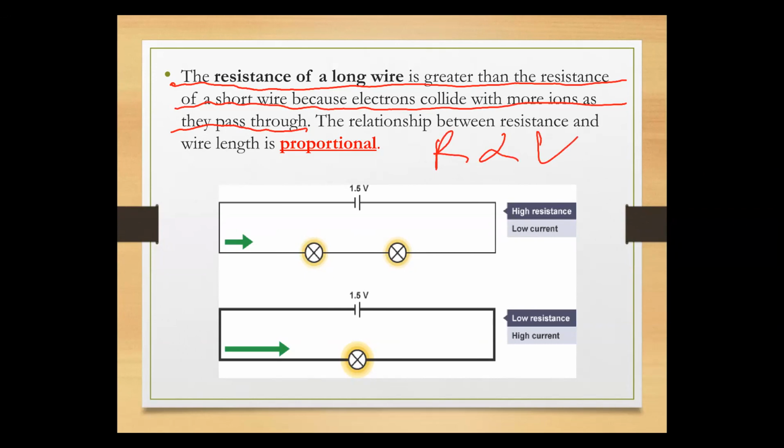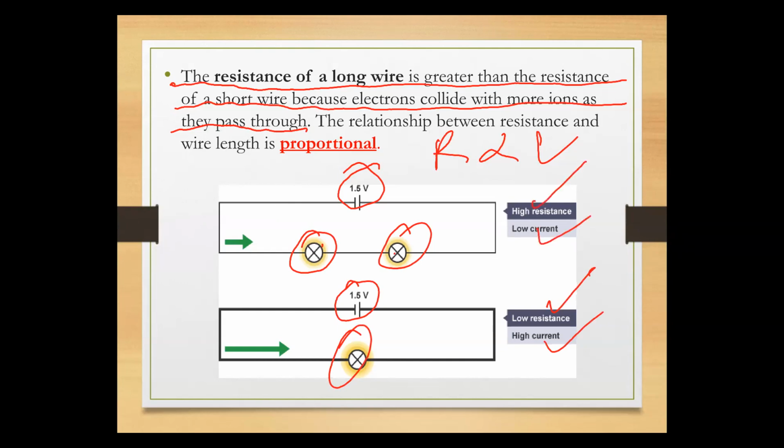For example, take this one. There's a potential difference of 1.5 volts in the circuit, and then there are 2 components. Hence, there's going to be high resistance. There's 2 things here, high resistance, low current. Same potential difference there, 1 load, 1 light bulb, which means less resistance. So low resistance, high current, high resistance, low current.